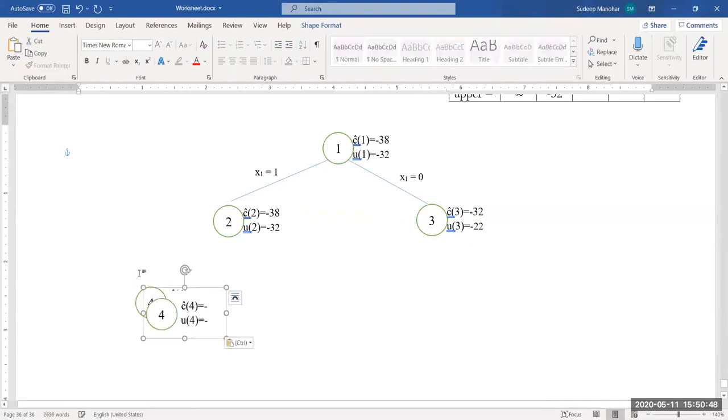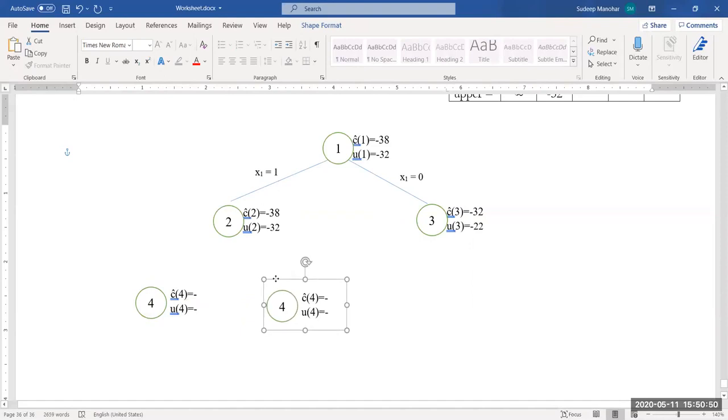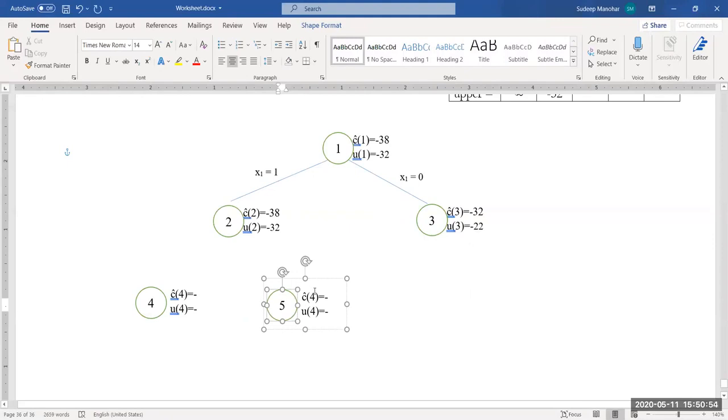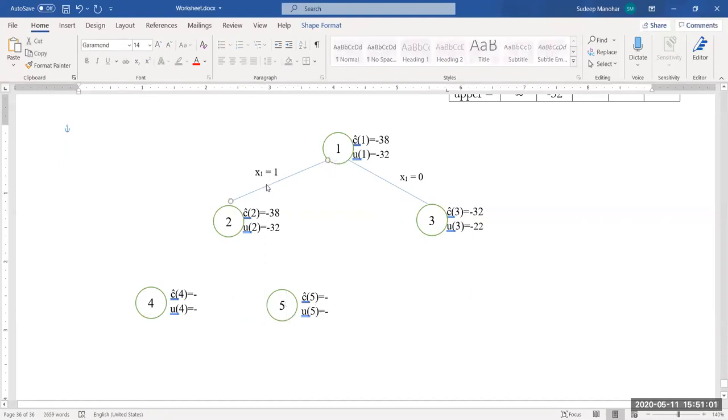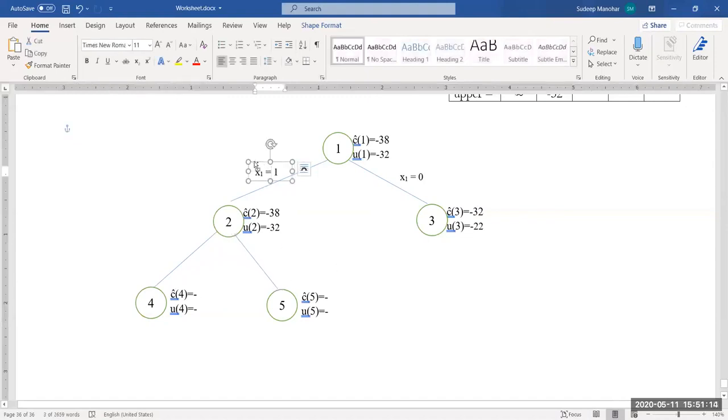One more child, the right child, is node number 5. This is C cap of 5, U of 5. Write the branch. Write this value of X.